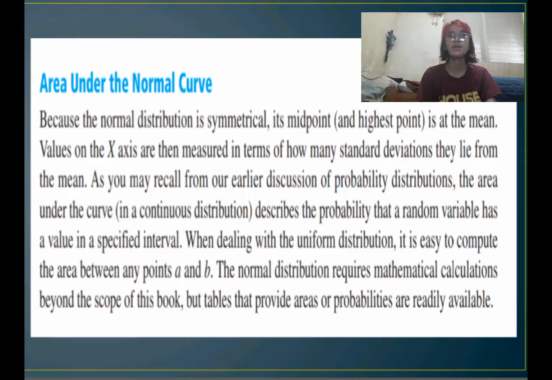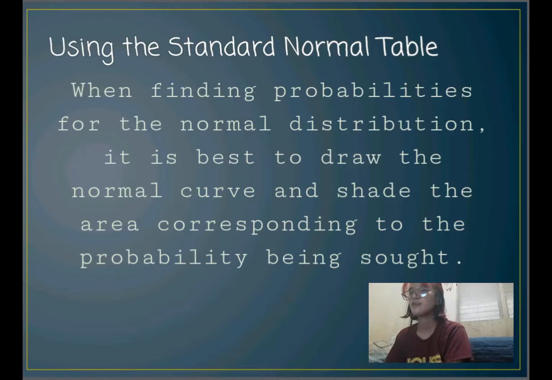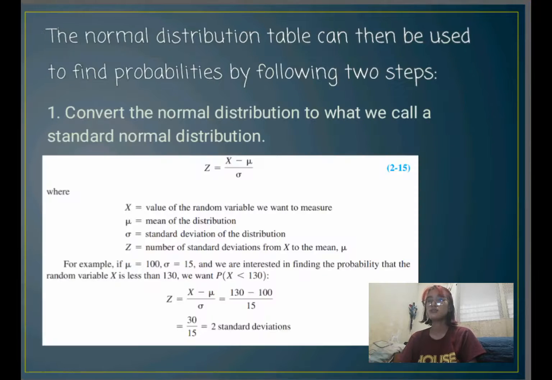When you are dealing with the uniform distribution, it is easy to compute the area between any points from A to B. The normal distribution requires mathematical calculations beyond the scope of this lesson, but we use the standard normal table. When finding probabilities for a normal distribution, it is best to draw the normal curve and shade the area corresponding to the probability being sought.